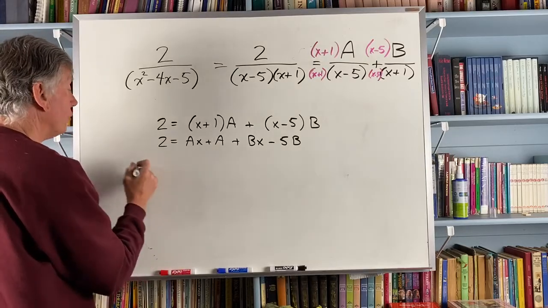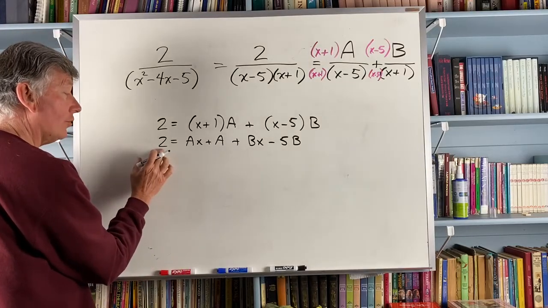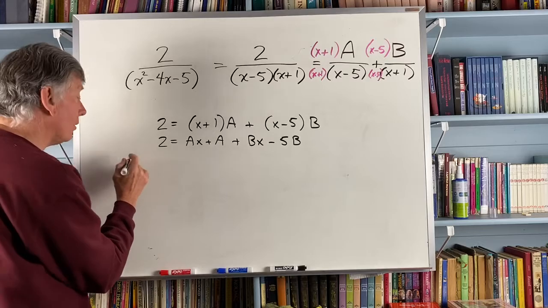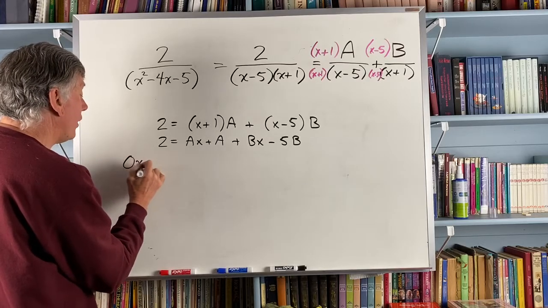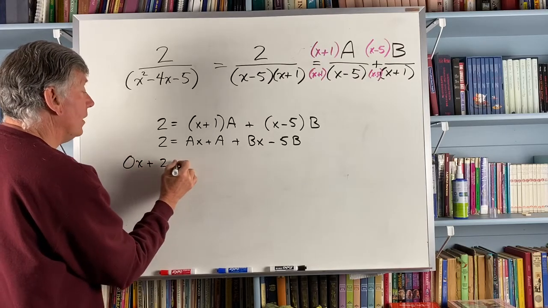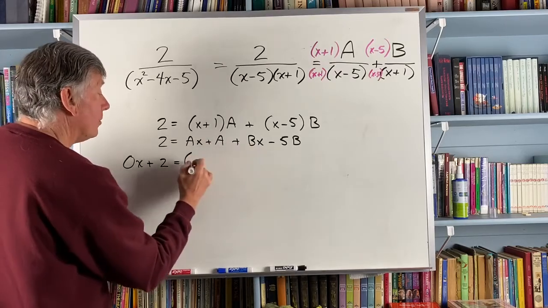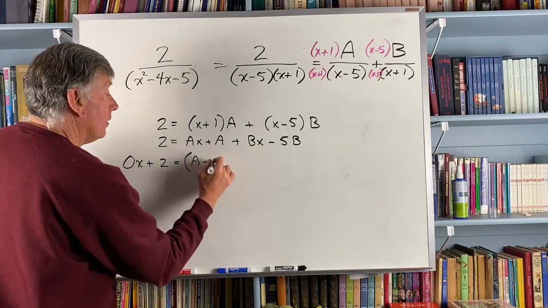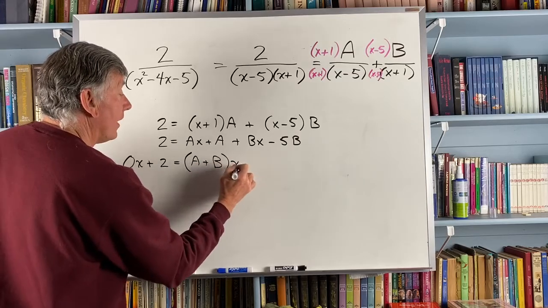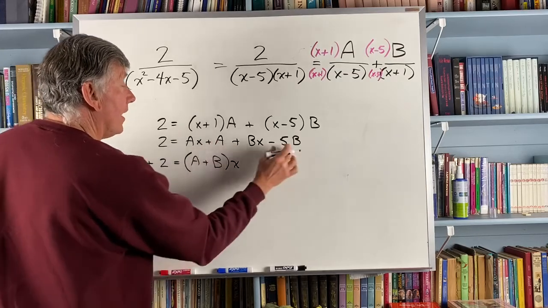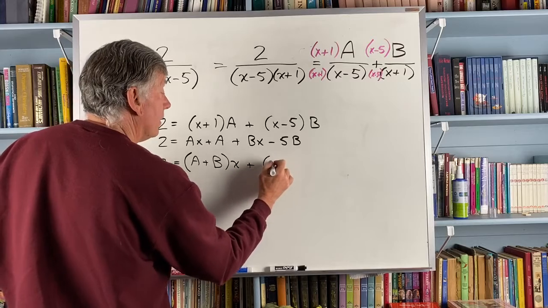I'm now going to write this. I only have a 2 over here. I don't have an x term. I'm going to now write it as 0x plus 2 is equal to A plus B times x plus A minus 5B.